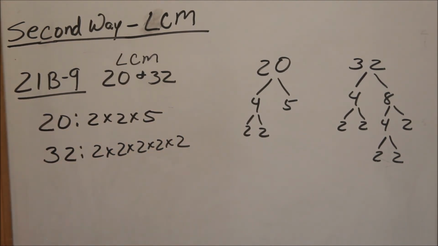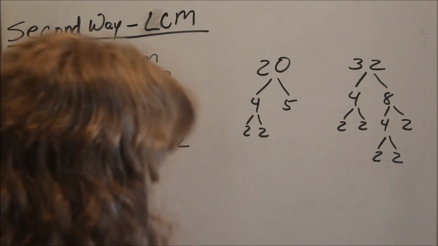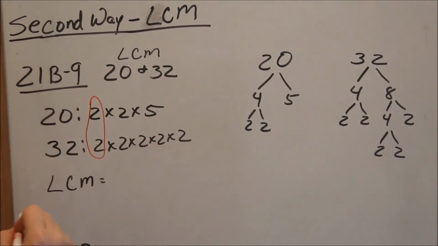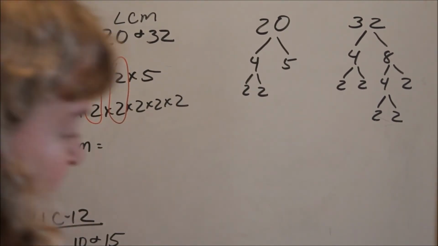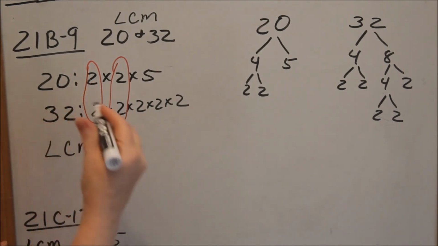Okay? So the way that you do least common multiple is you take the ones that they have in common. They have this 2 in common. They have this 2 in common. Okay? So only take one of these once.